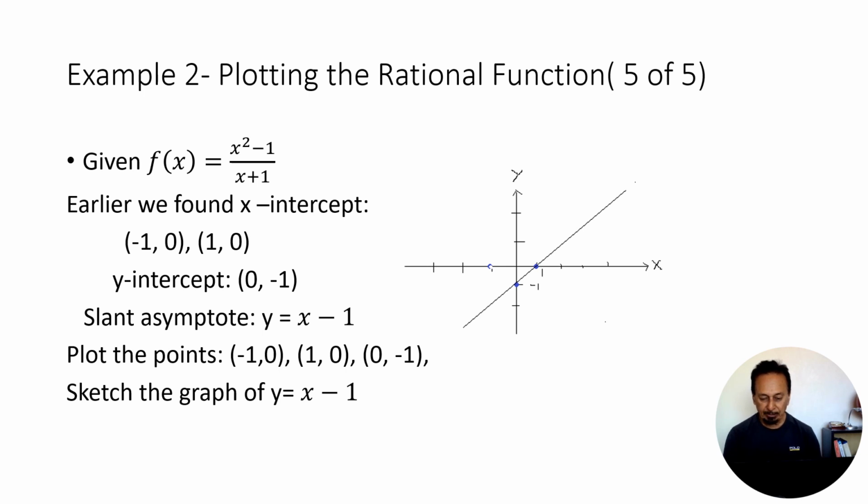So we connect this line to a line passing through this one. Now this graph will never pass through this one, so we put an open circle where the minus 1 is. Okay. So that's the graph of the rational function in this case.